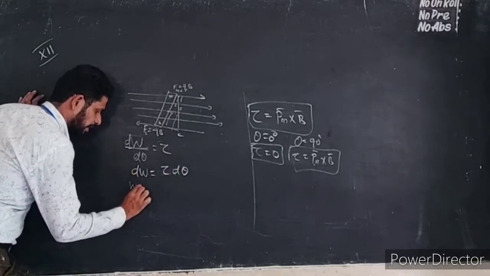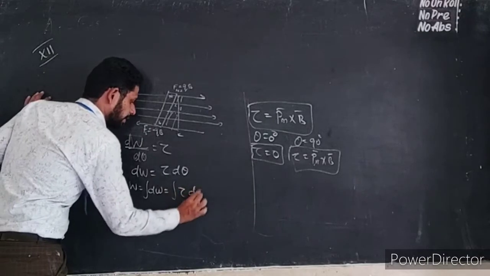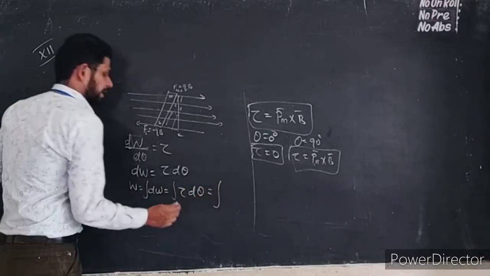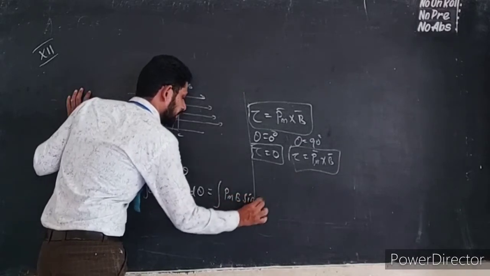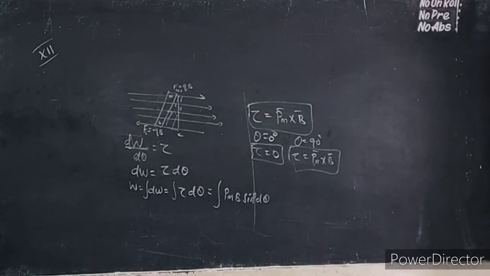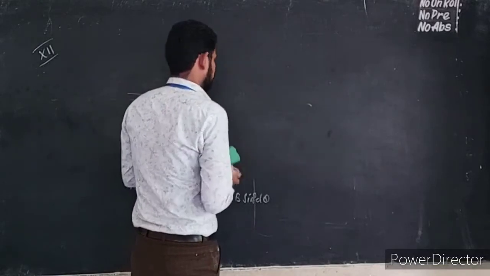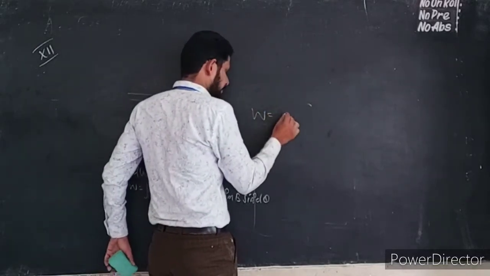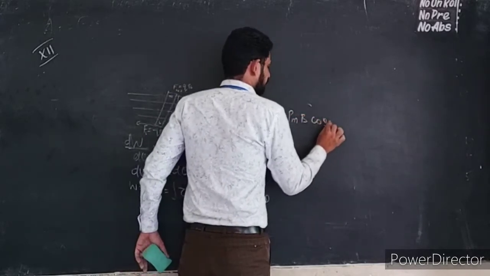Now the total amount of work done will be equal to the integration of dW, so the integration of torque into d theta, so the integration of PMB sin theta d theta. If I integrate sin theta d theta, it will become minus cos theta. So the total work done will be equal to minus PMB cos theta.